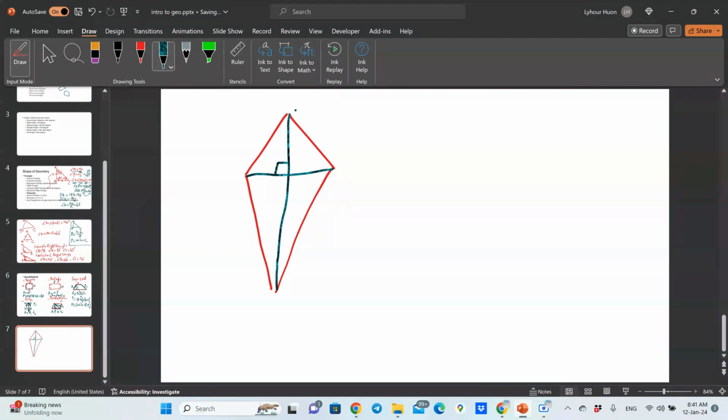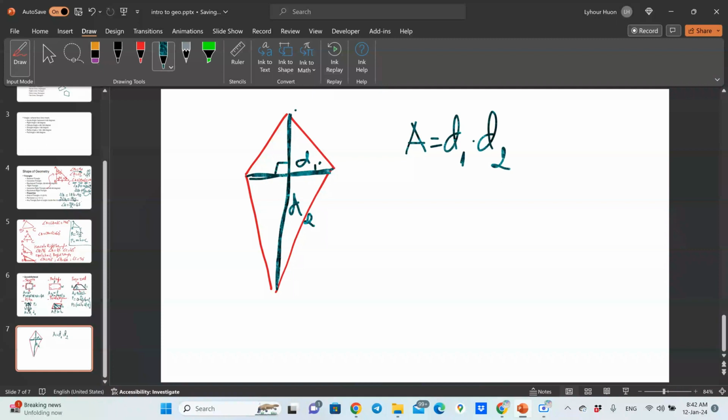D1 is the small diagonal here, and the whole big one is called D2, diagonal 2. In order to find the area, it is D1 times D2.